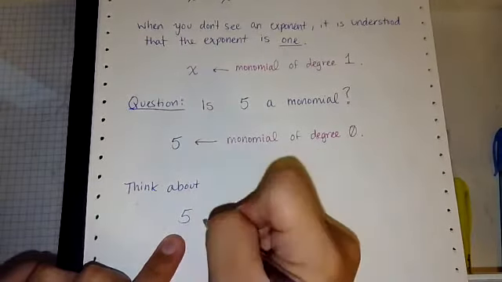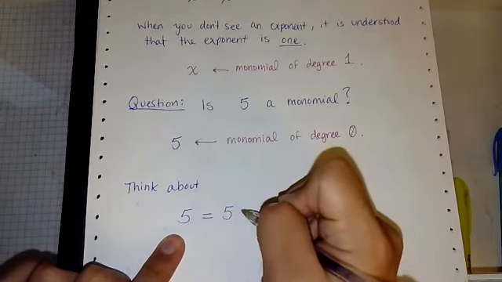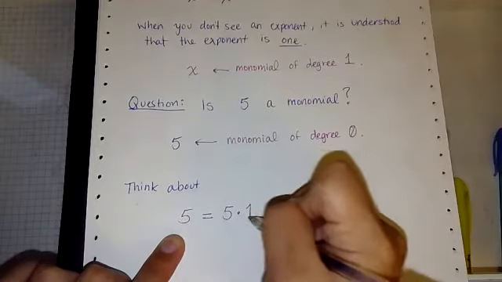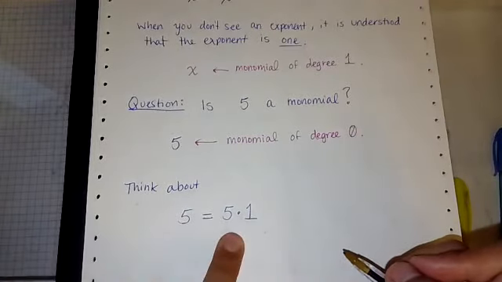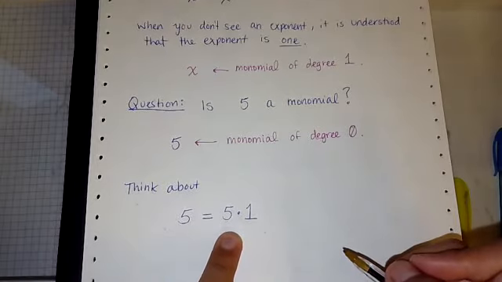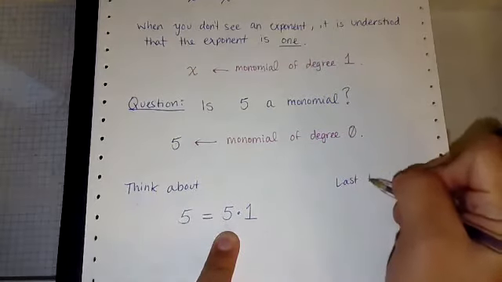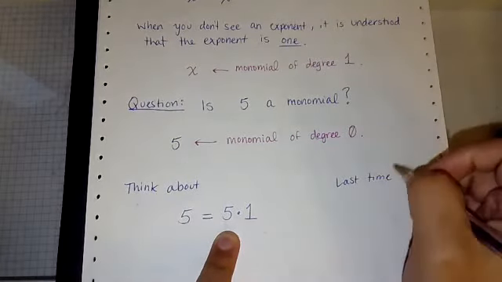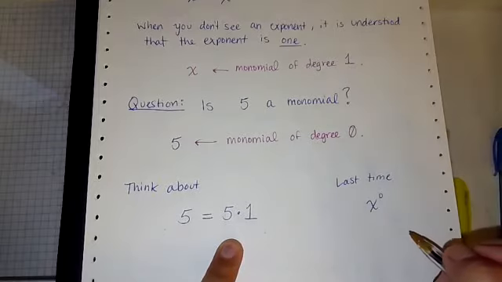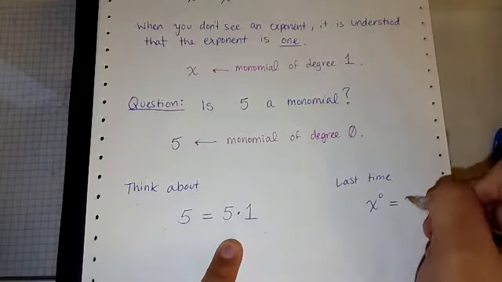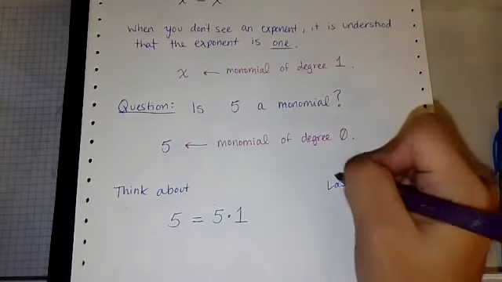Is it not true that 5 is equal to 5 times 1? Well, that's definitely true. Okay. But last time, we said that if we had a variable raised to a 0 exponent, that is equal to 1, just based on our zero exponent rule.